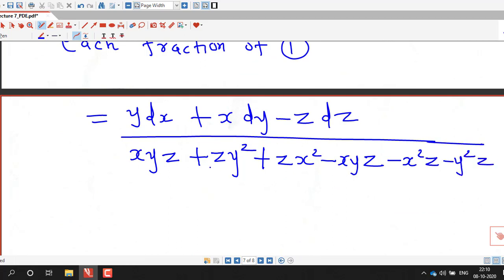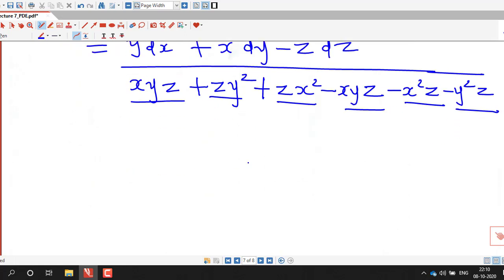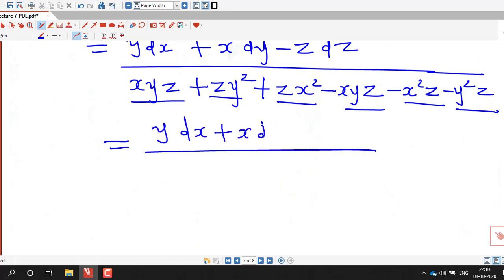So you can see these terms cancel out each other, minus x square z plus x square z. So we obtain 0 in the denominator, and the numerator is y dx plus x dy minus z dz divided by 0.